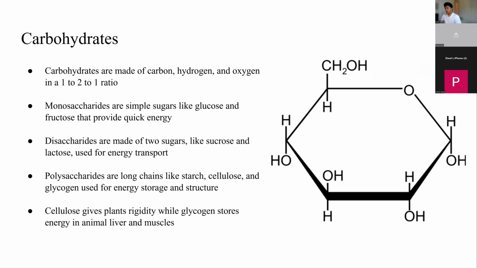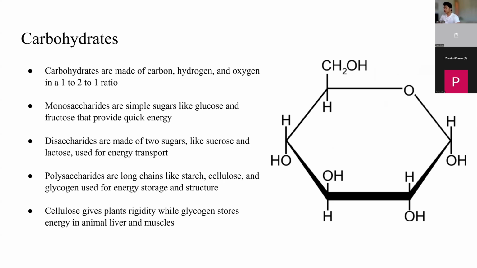And carbohydrate monomers are what's known as monosaccharides. It's a very long word, but it means simple sugars like glucose, as I just said, as well as fructose that provide quick energy. Disaccharides, in the name, di meaning two, are made up of two sugars.